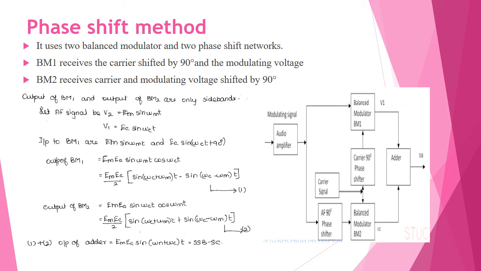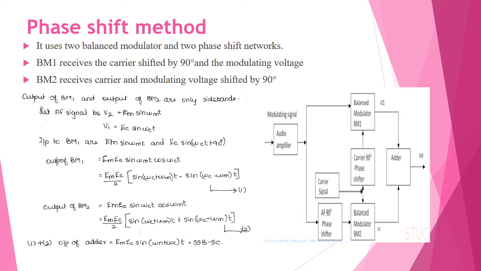Okay, next we are going to see about the phase shift method. Okay, so in this block diagram, the carrier signal is shifted by 90 degrees and it is applied to the balanced modulator M1. So the modulating signal is directly applied to the balanced modulator M1. Okay, the carrier signal is directly applied to the balanced modulator M2.